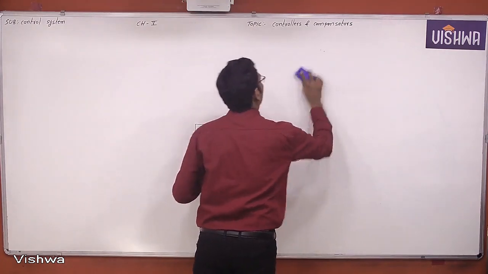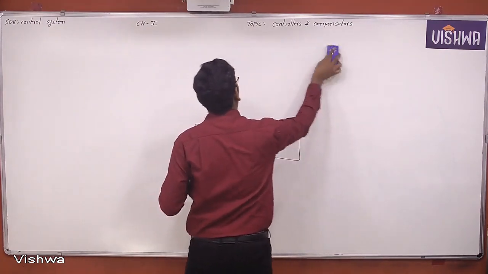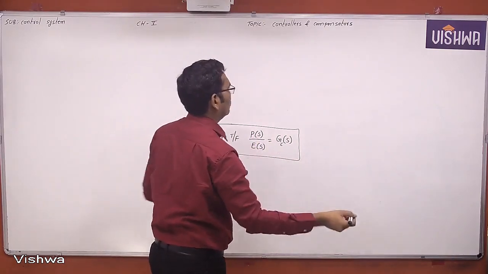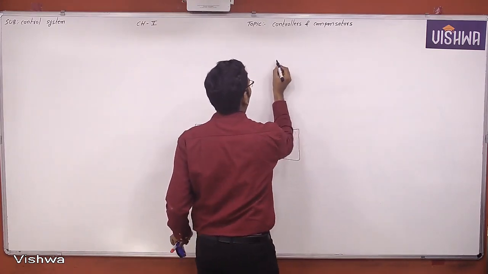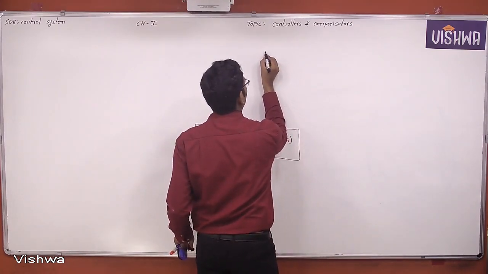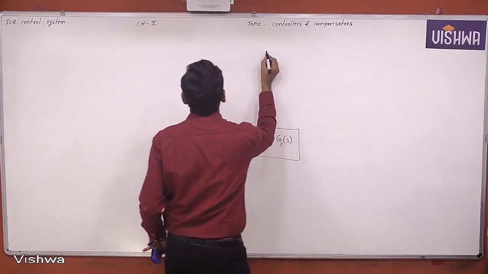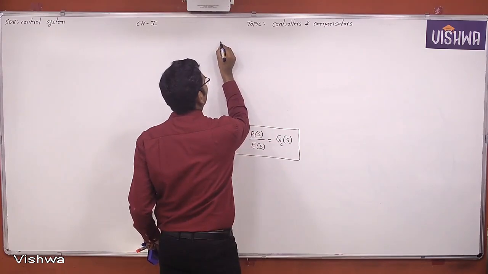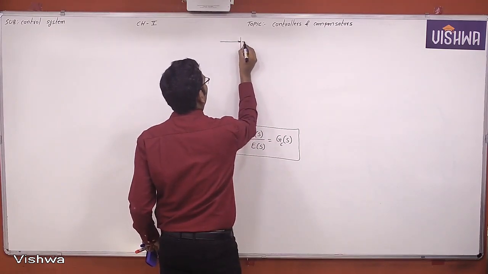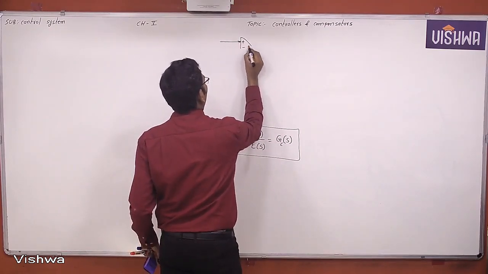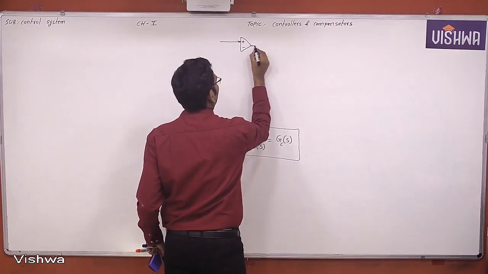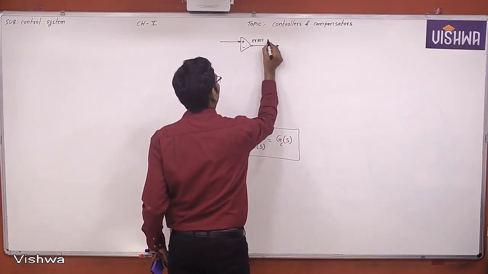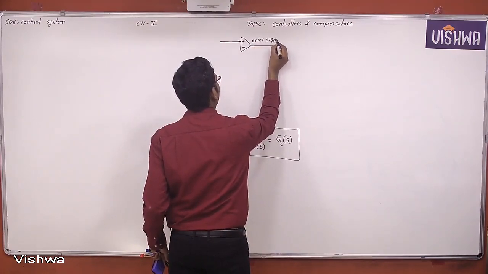Now I'll write the exact controller block diagram. You just see here. This is the comparator. The comparator will give the difference, and that difference is nothing but the error signal.